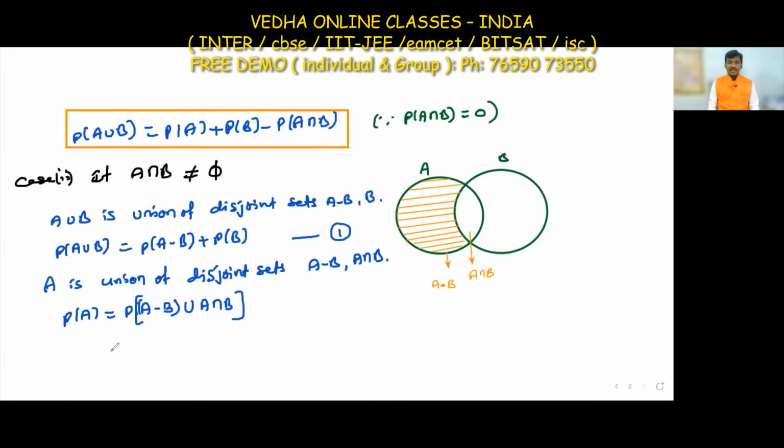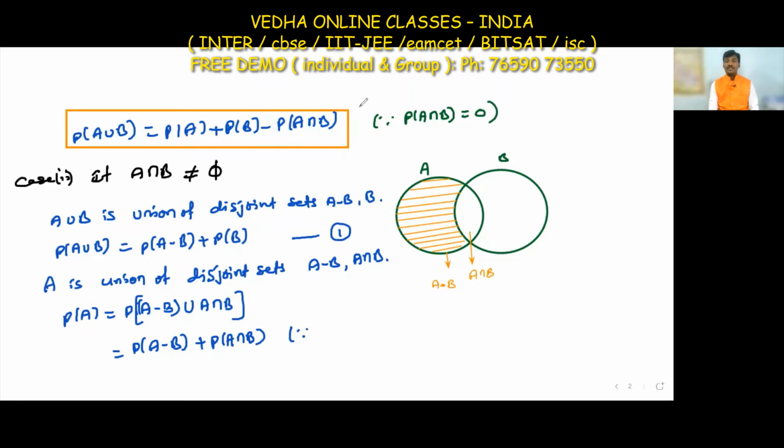Since both are disjoint, we can write it as probability of A minus B plus probability of A intersection B. So union is replaced with plus. When they are disjoint, there is no common part, and the intersection probability becomes 0.